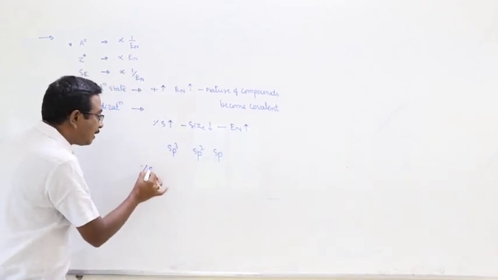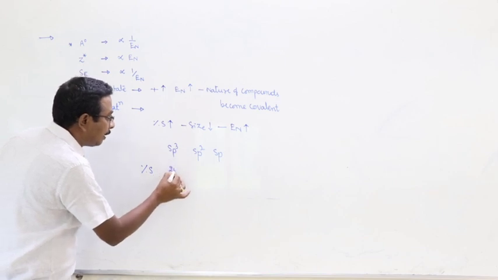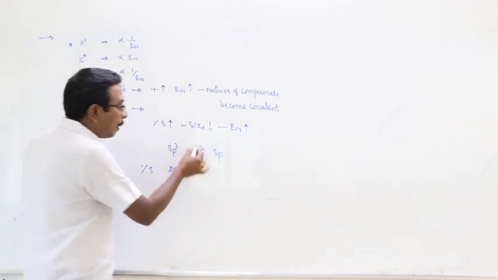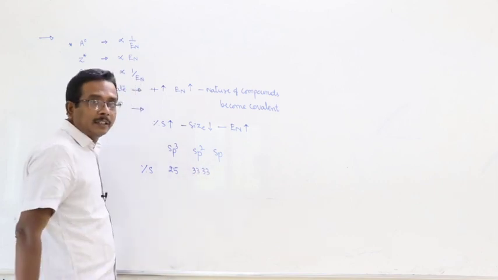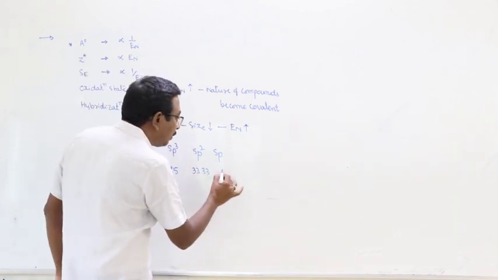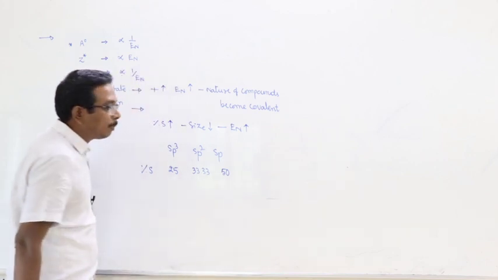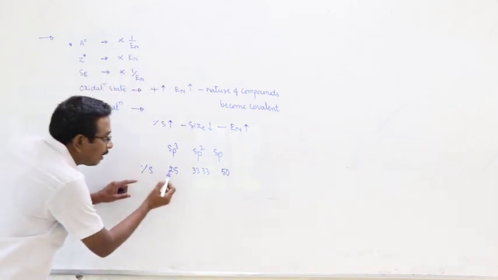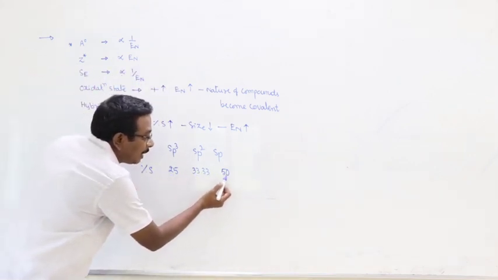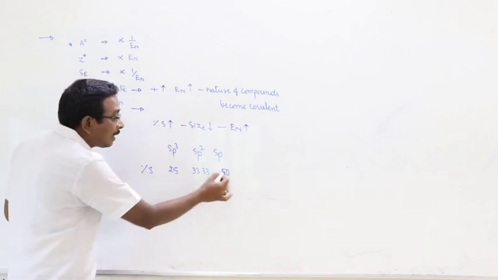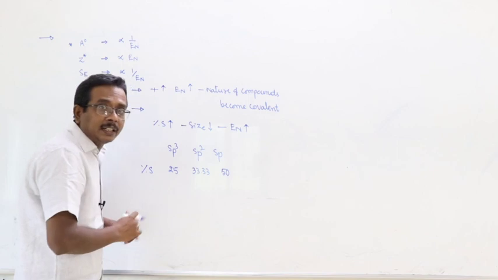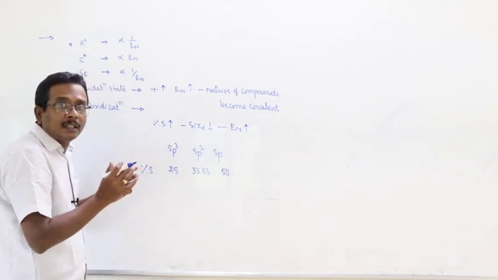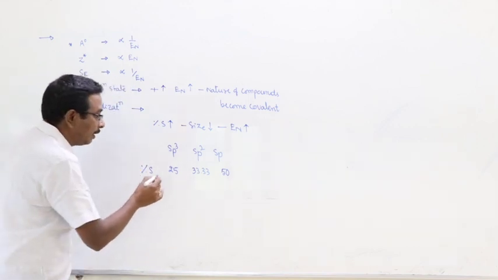Here the percentage of s character in sp3 is 25. The percentage of s character in sp2 is 33.3. The percentage of s character in sp hybrid orbital is 50. Here 25, 33.33, 50. S character gradually increases. With increase of s character, the size of the hybrid orbitals decreases.